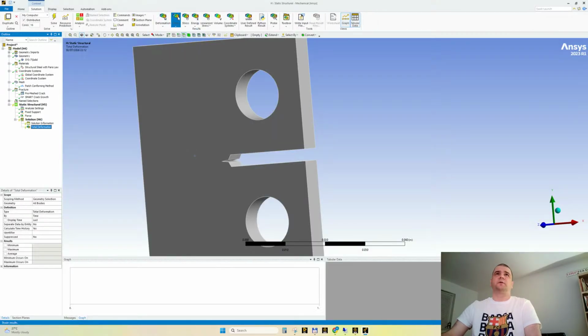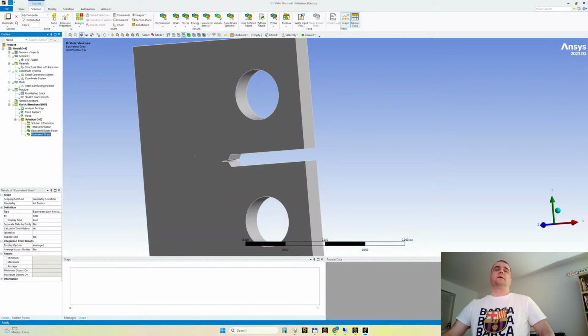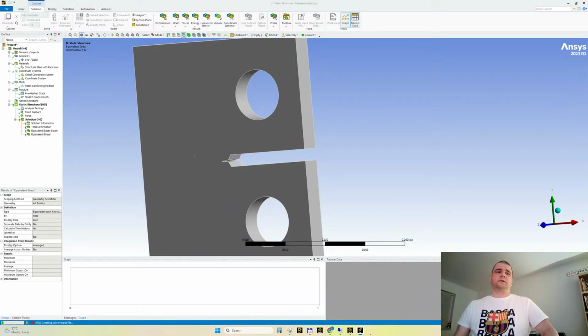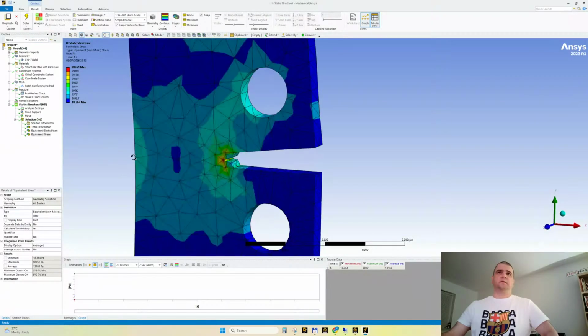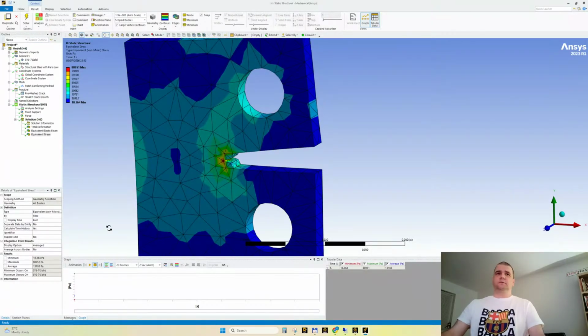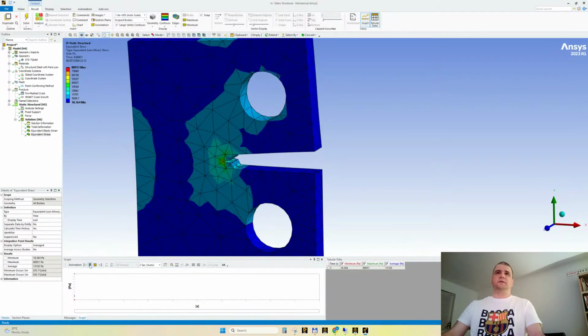So at this moment we can ask for these values, and let's see if we have a crack propagation. Yes, I have struggled today a few hours until I achieved some crack, so please have patience.